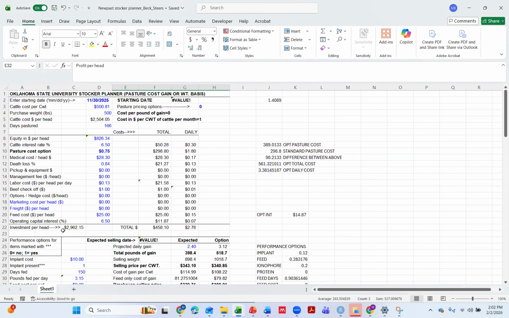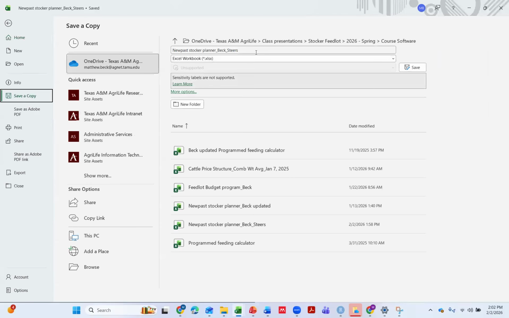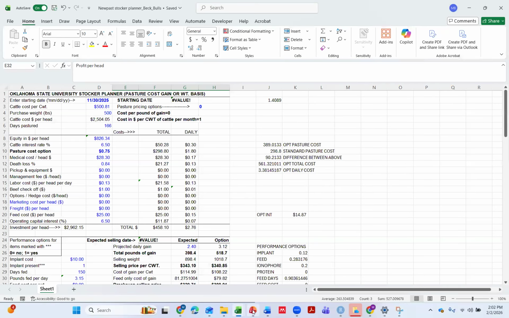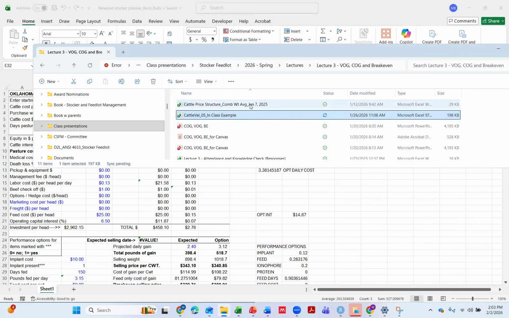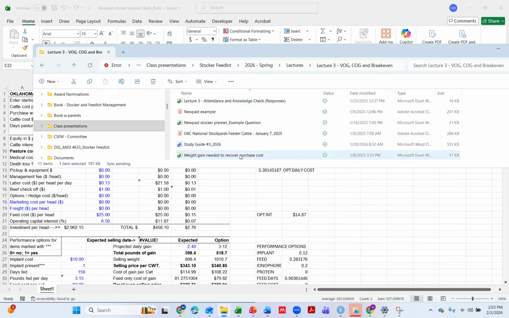Okay. So this next example, I'm going to save a copy. I'm going to call this bulls. So I'm going to open that one back up. And where did that go?